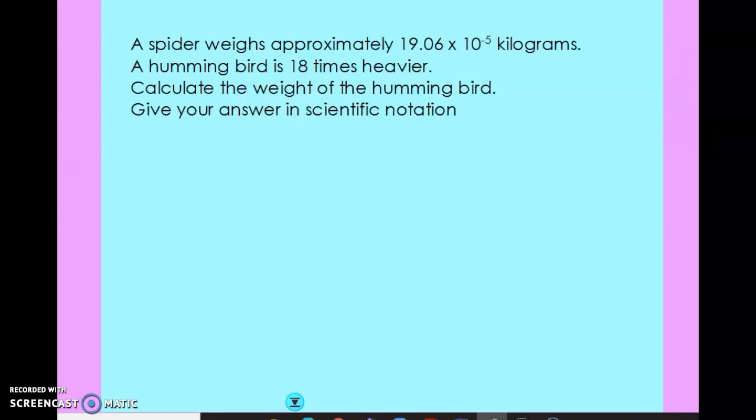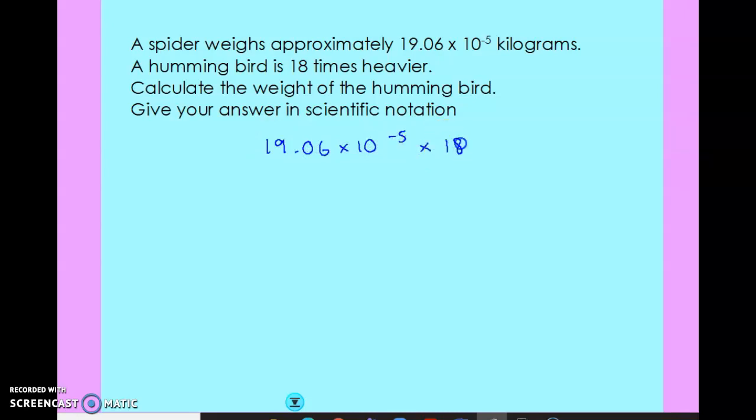Okay. Can also get some wordy questions where we need to work out what calculation we're doing. So we have here a spider, which is 19.06 times 10 to the power of -5 kilograms. A hummingbird is 18 times heavier. We want the weight of the hummingbird in scientific notation. So my spider is 19.06 times 10 to the power of minus 5.